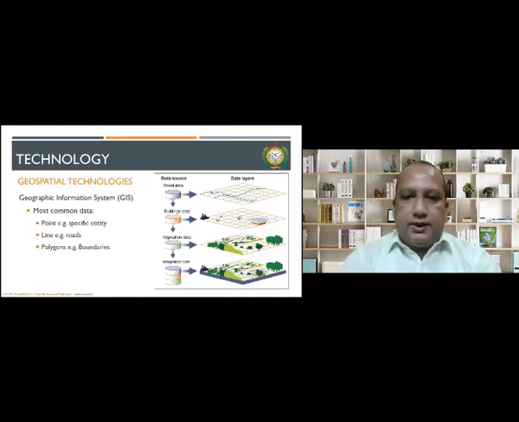Okay, and then polygons, the third data type. These are basically boundaries, and these data types are used when we are interested in knowing the area or the perimeter of an object, of a building, of a park, or even of a district or a city.